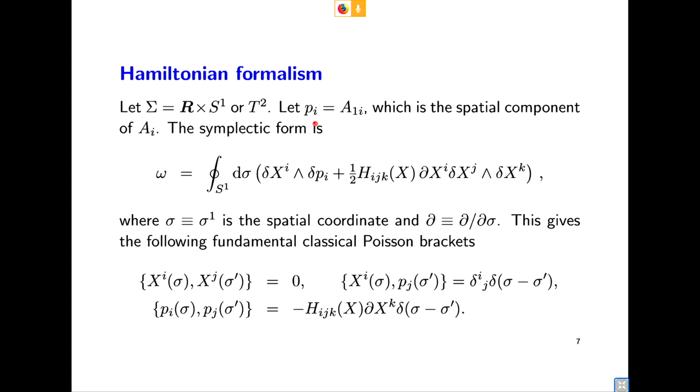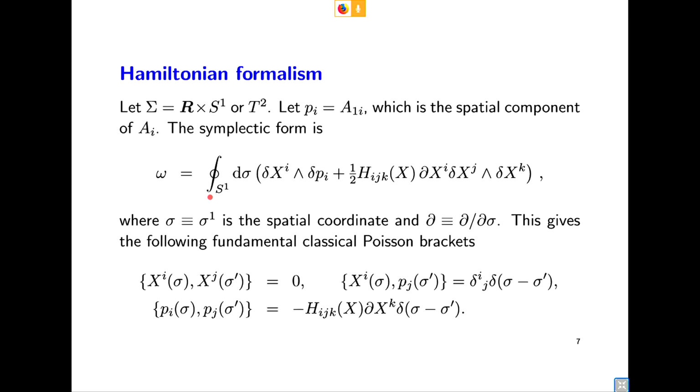First we choose the canonical conjugate momentum pi as a spatial component of A. Usually the canonical conjugate momentum should be Darboux coordinates.